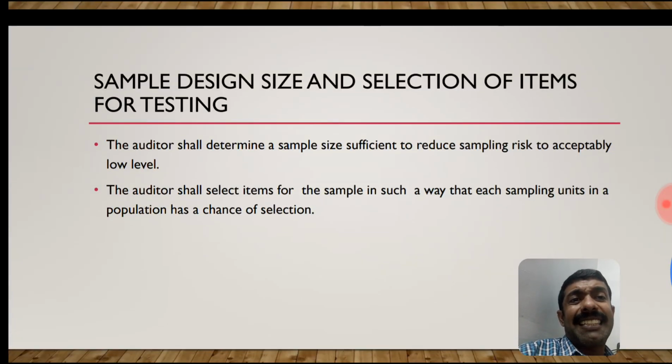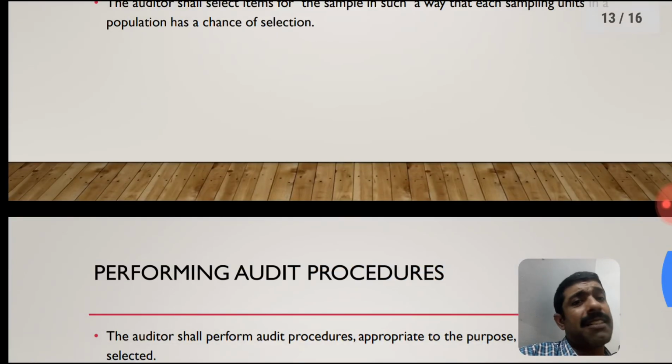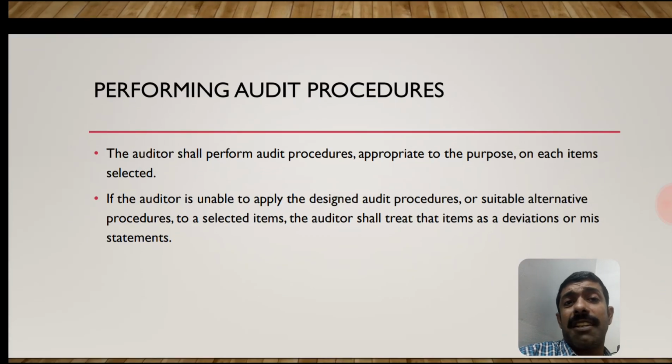Sampling design, size and selection of items for testing. The auditor shall determine a sample size sufficient to reduce sampling risk to an acceptably low level. The auditor shall select items for the sample in such a way that each sampling unit in a population has a chance of selection. That is the thumb rule of sampling, whether it is statistical or non-statistical sampling.